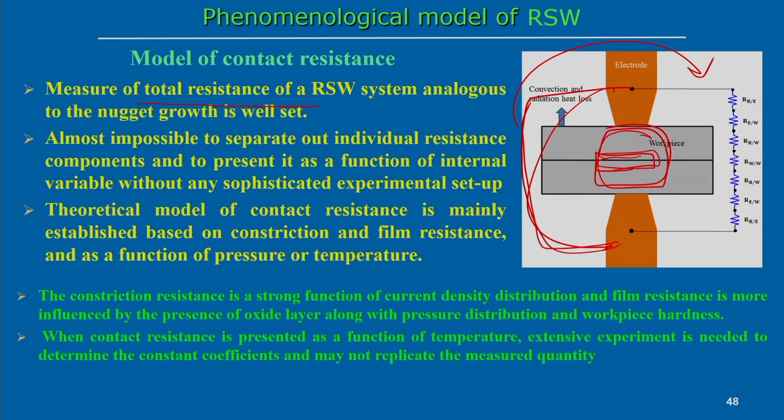So, that is basically analogous to the measurement of the contact resistance, assuming we can map the growth of the nugget as well as the total resistance during this process.